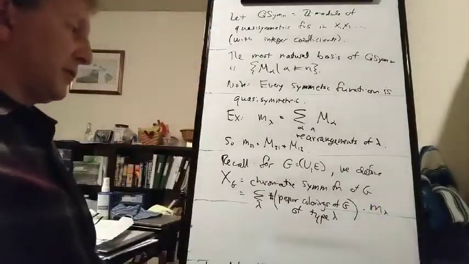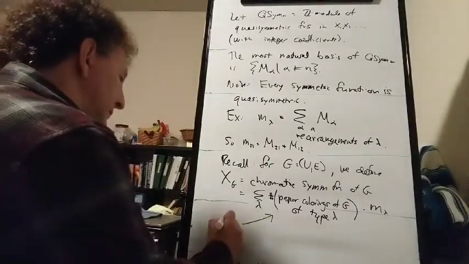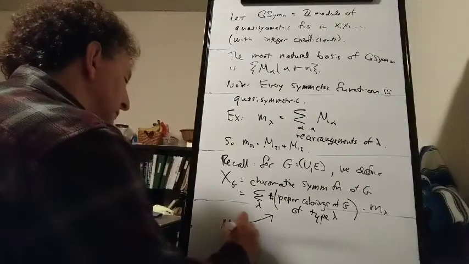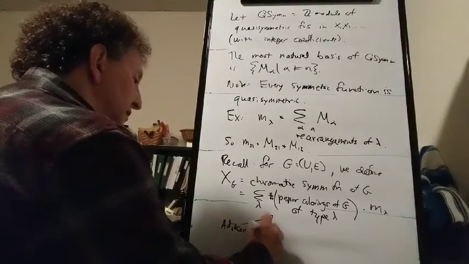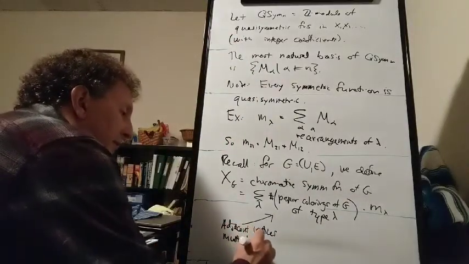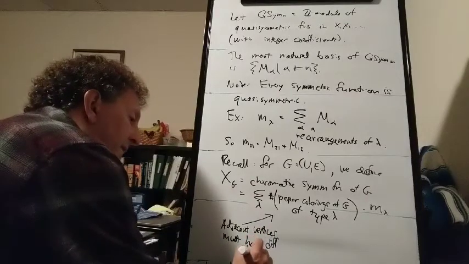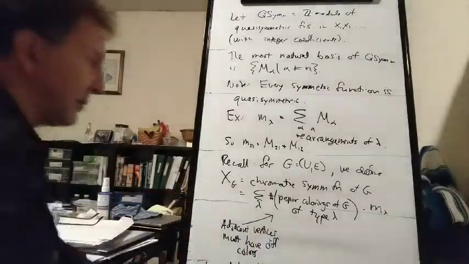And a proper coloring of type lambda means that adjacent vertices must have different colors. That's what proper means.